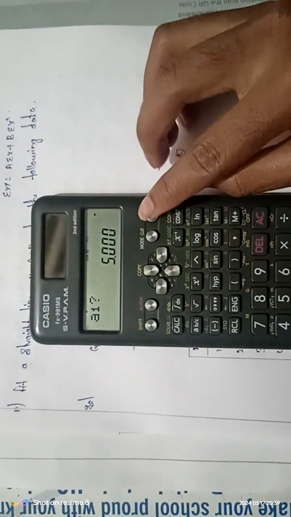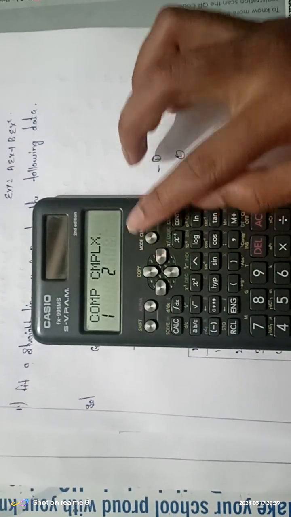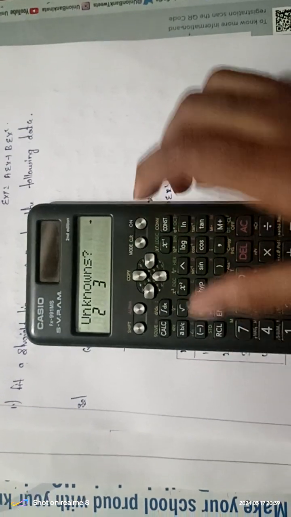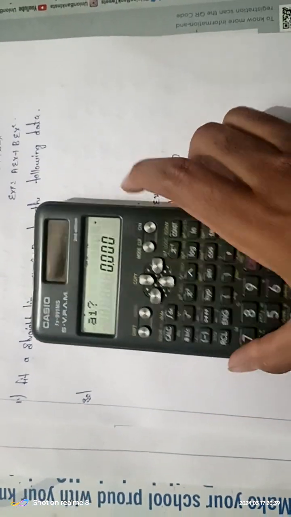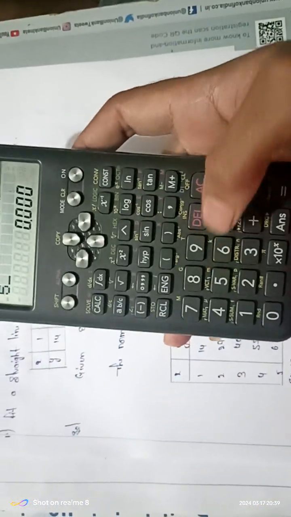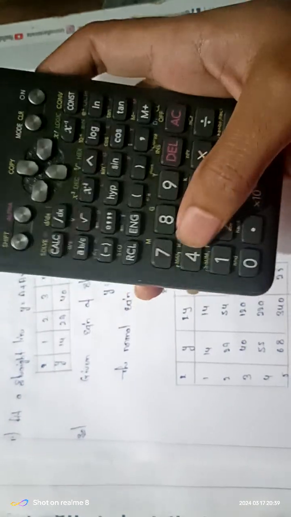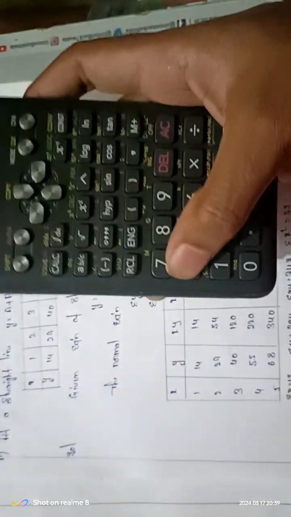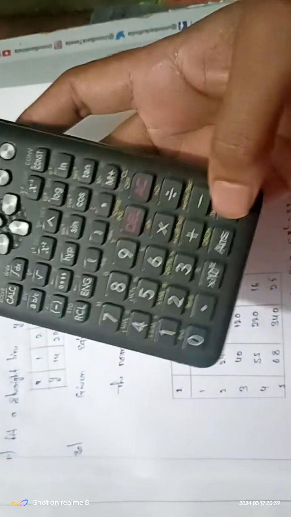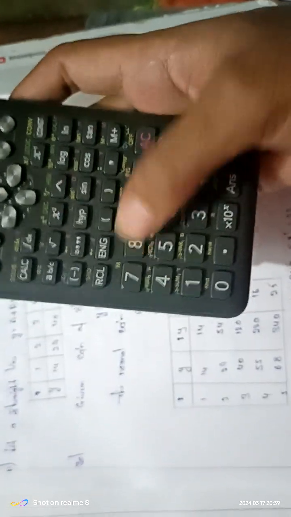For those operations, here we have to click on the mode option, then the second option, and for equation 1, the unknowns are 2, and the values are 5, 15, 204, then 15, 55, 748.